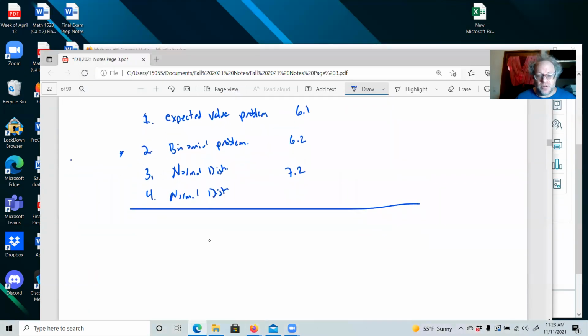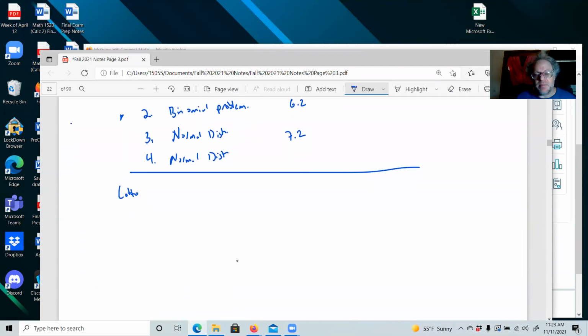When I'm dealing with the lotto, remember, it's the formula you have to know here. It's the sum of the value of the event times the probability of the event. So we're going to add up the value of the events times the probabilities of the events.